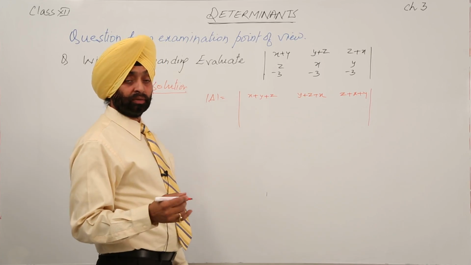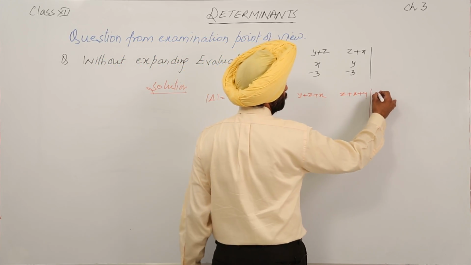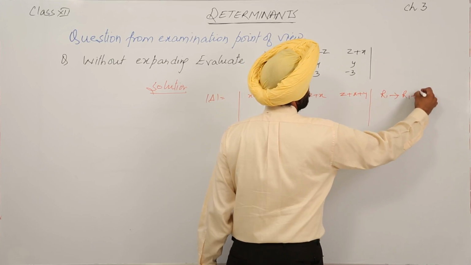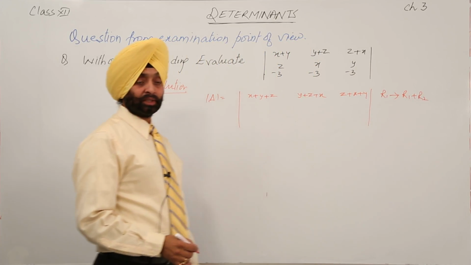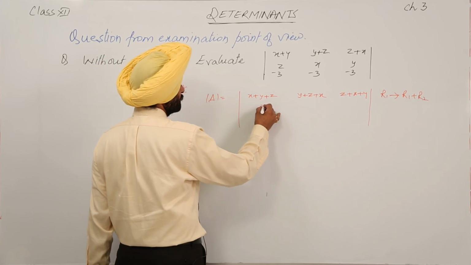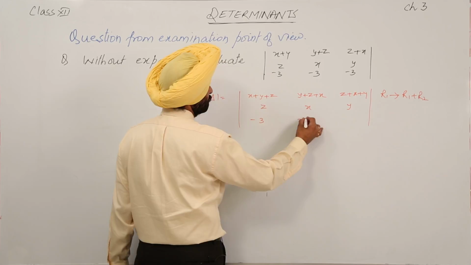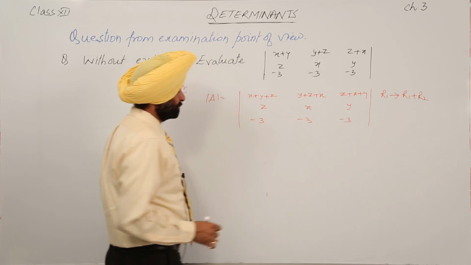Okay, what I have done? I have just written R1 approaches to R1 plus R2. This I have used. So here it is z, x, y, minus 3, minus 3, minus 3.